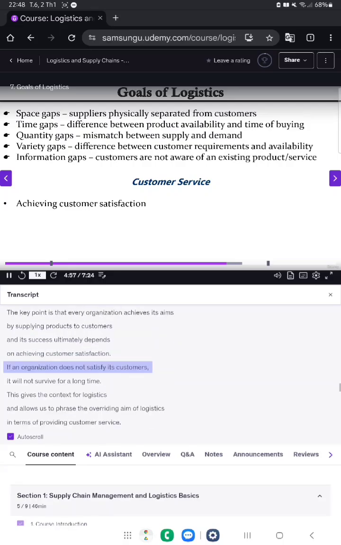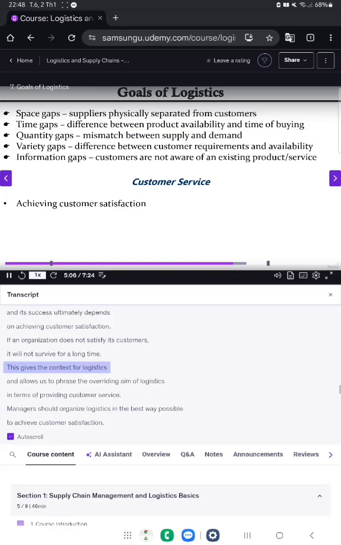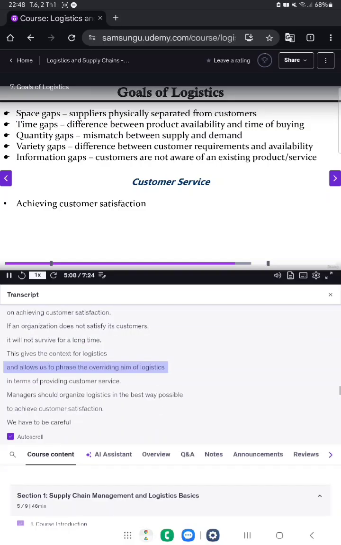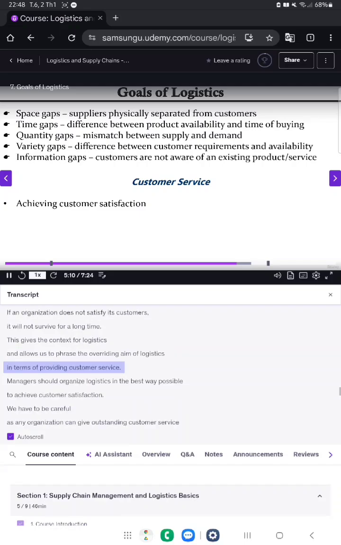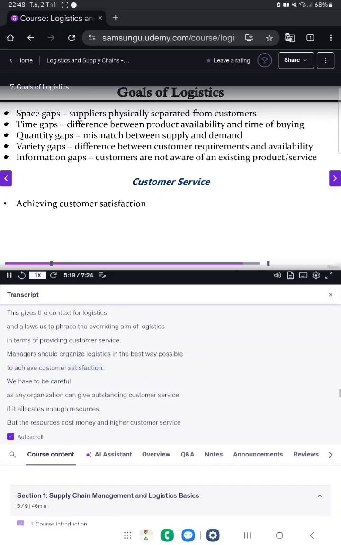If an organization does not satisfy its customers, it will not survive for a long time. This gives the context for logistics and allows us to phrase the overriding aim of logistics in terms of providing customer service. Managers should organize logistics in the best way possible to achieve customer satisfaction.